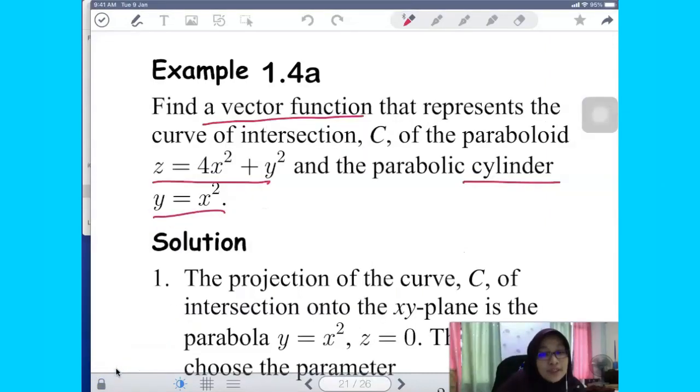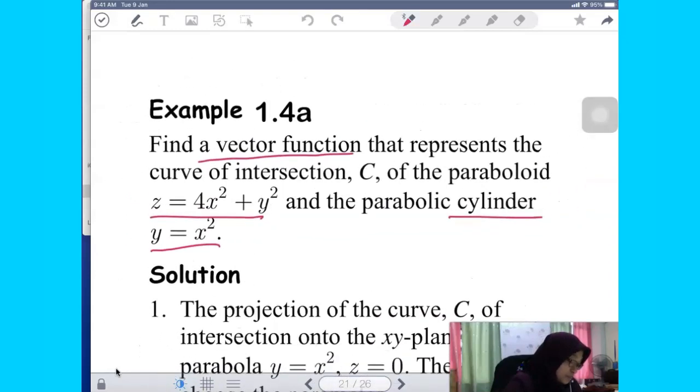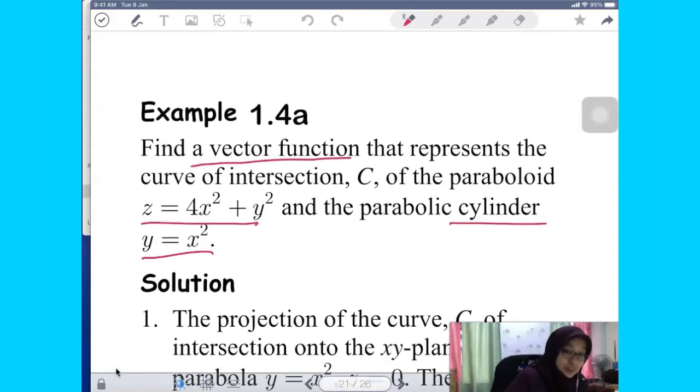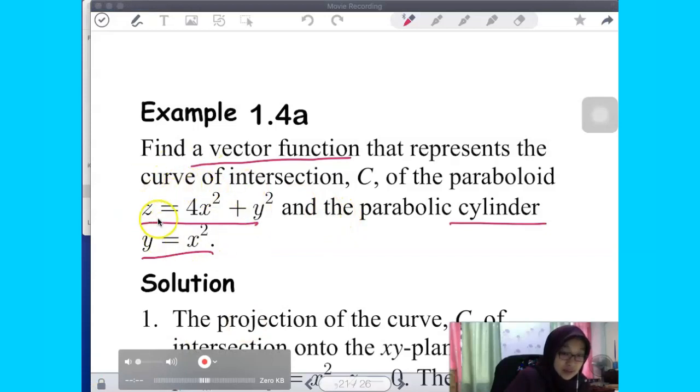If you are given the information as a function in terms of x, y and also z, how can you convert it into a vector function? Actually the process is not so complicated. It is just easy. Based on the information given, it doesn't matter what the name of that particular graph is.